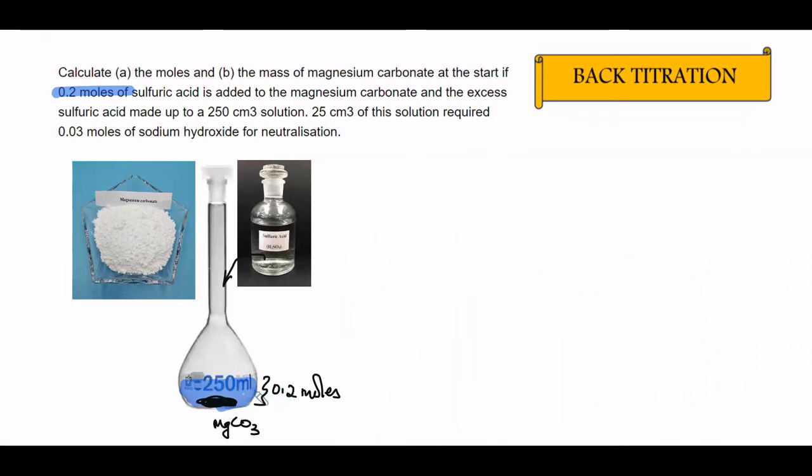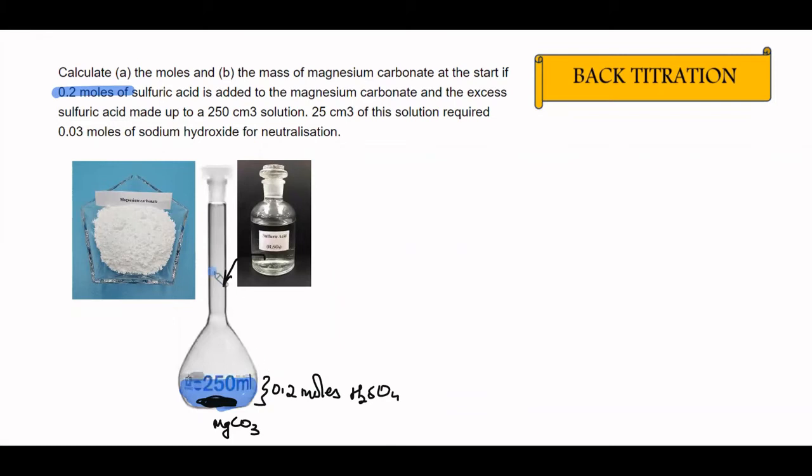Once this reaction ceases, after the bubbles have come up, we can assume that this solution is made up to 250 cm³.